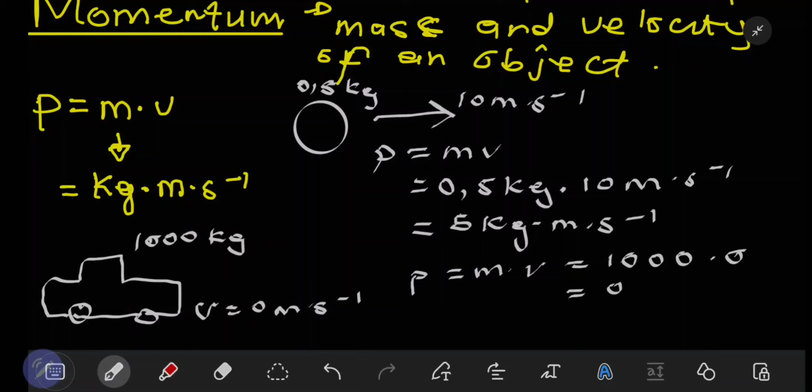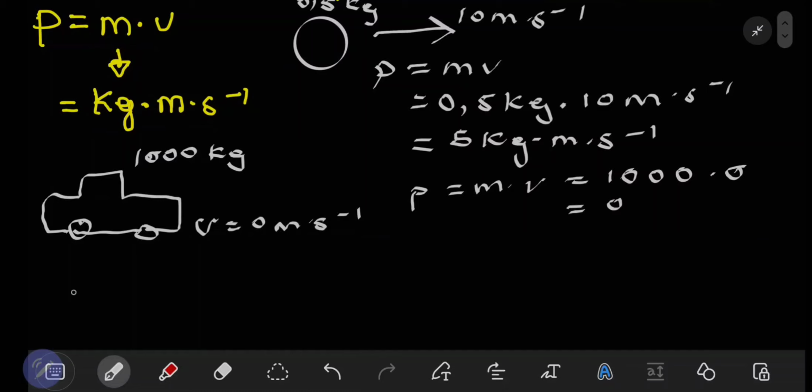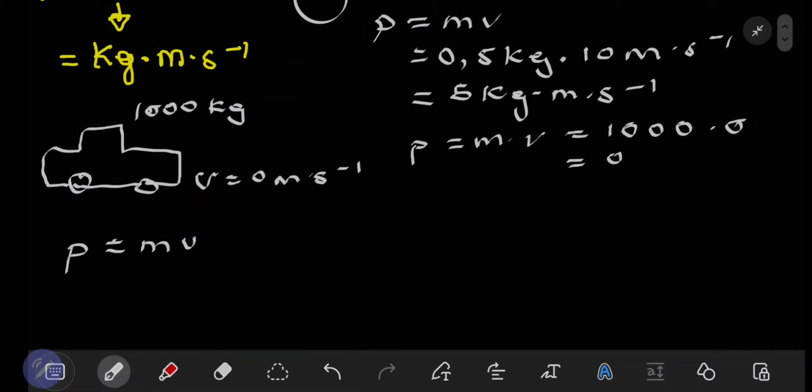You see? Now when we explore the formula a little more, we have our formula like this. Since momentum only has an effect on moving objects, at a certain stage momentum has to choose a direction.